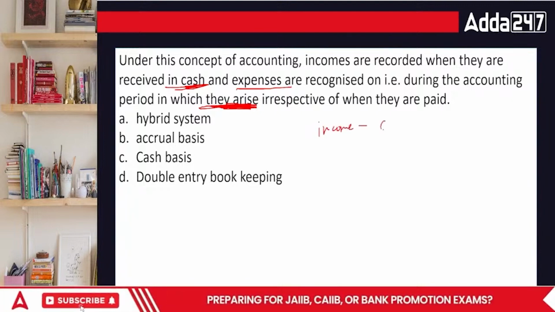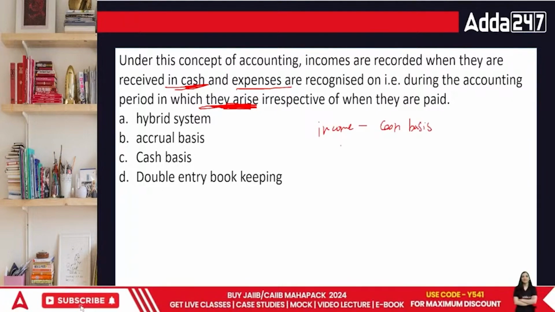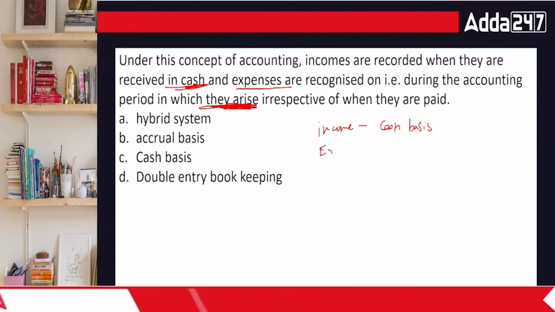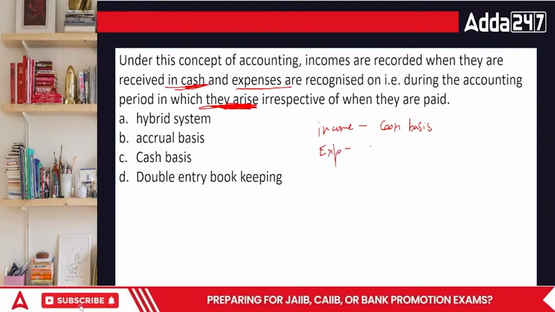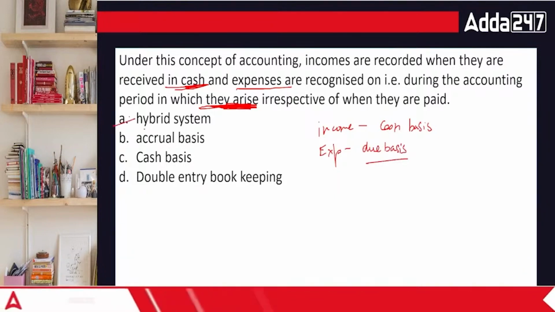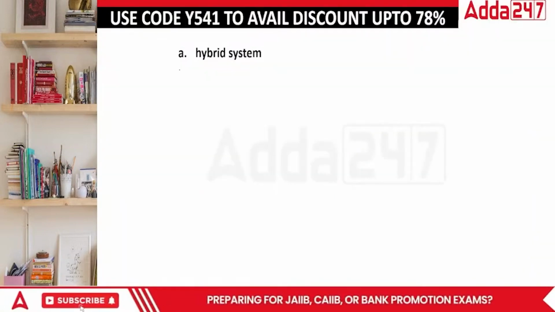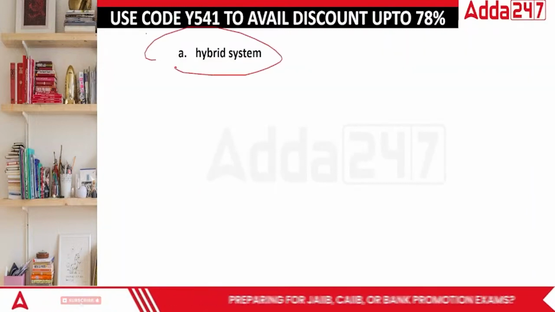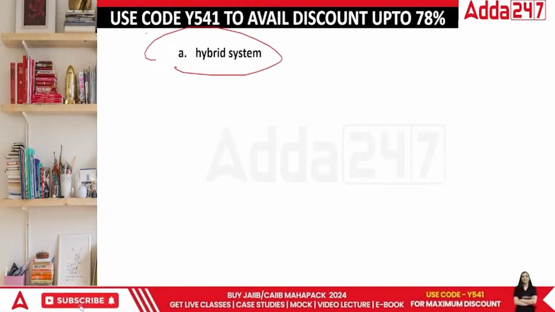Income is strictly on cash basis, while the expenses are on the basis of their due basis. So can I say in this case the correct answer is hybrid? You have both the systems, that is expenses as well as incomes. Isn't it, everyone?